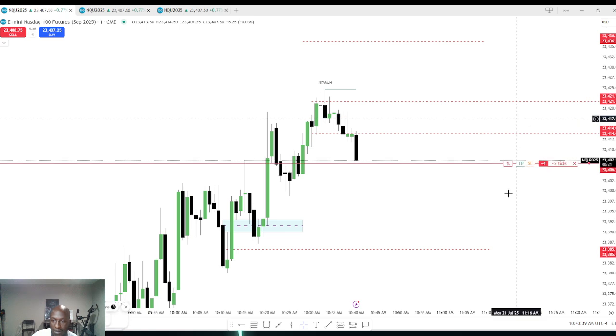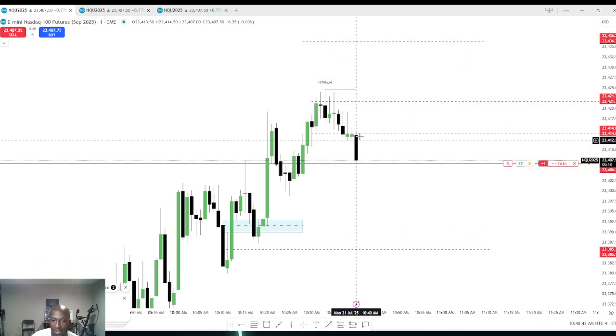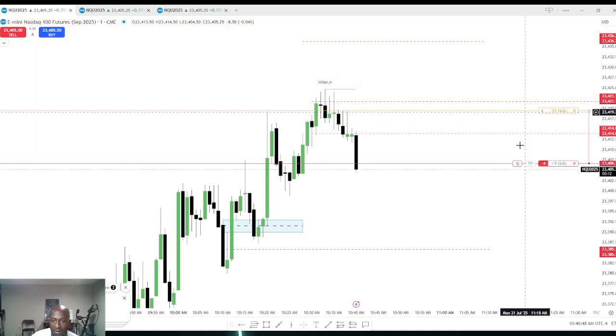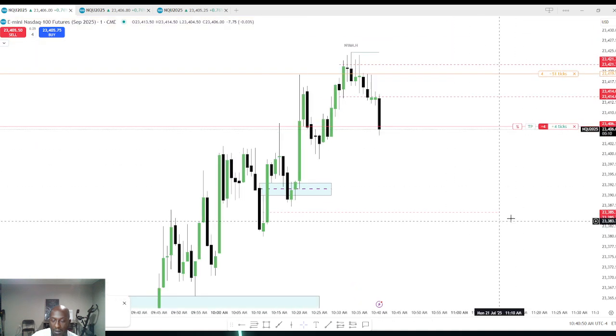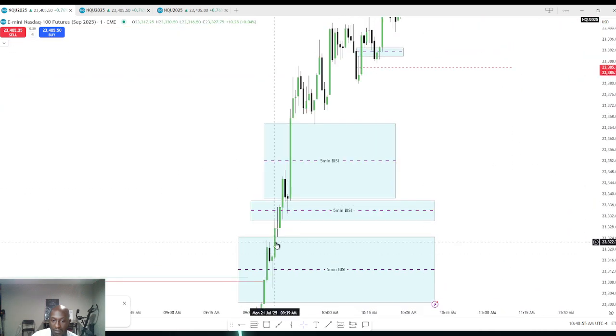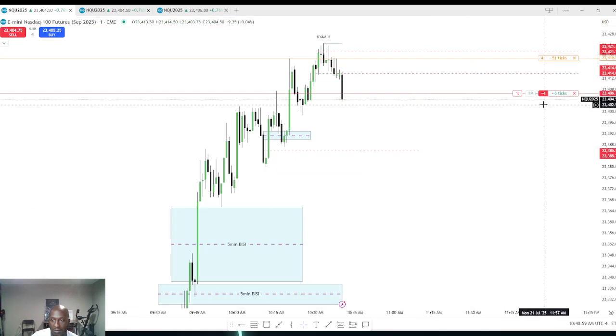We're going to switch. Well, it's high. And again, I want to see it come down to the first presented fair value gap, but that is a lot to get through.